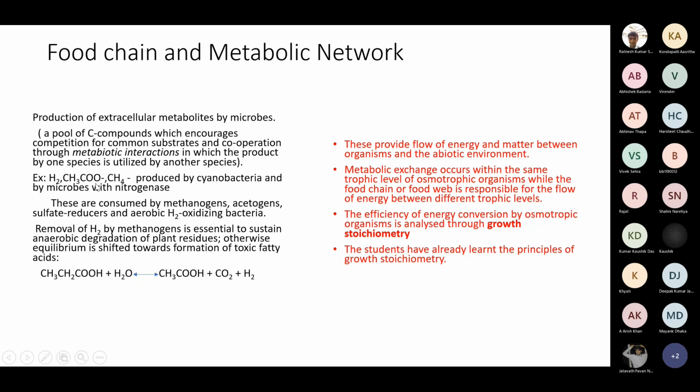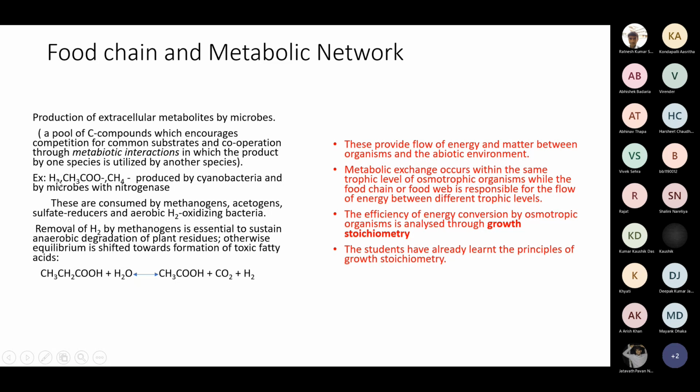All of these metabolites at that particular trophic level need to be consumed by another set of microorganisms like methanogens, acetogens, sulfate reducers, and aerobic hydrogen oxidizing bacteria. So all of these metabolic exudates which are released need to be consumed at the same trophic level by other microorganisms.